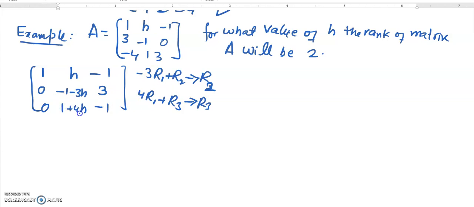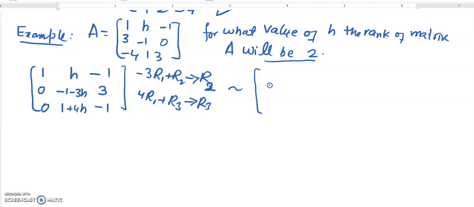So to further make this 0, first of all, the last row should become fully 0, because in the previous two cases we have seen that the rank of this matrix will be 2 if in the row echelon form the last row is fully 0. So in this case we need to make it into row echelon form.